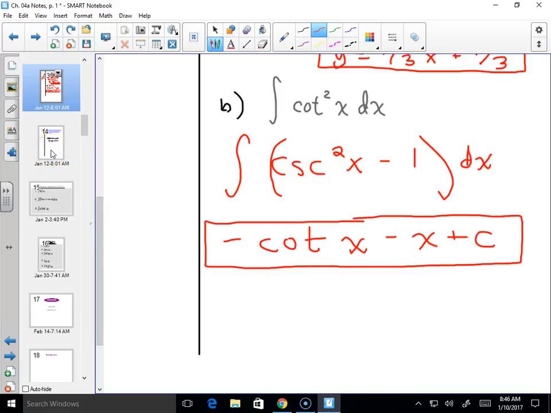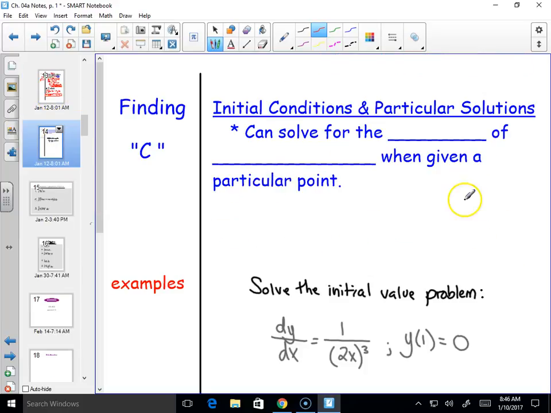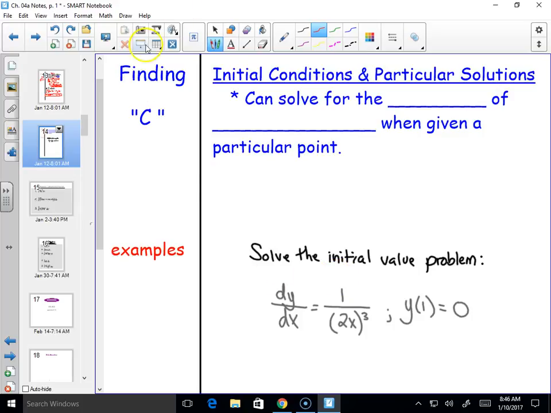All right. Ready? Last page of notes. And this one's quick. Basically, it's just saying how or when can we find C? We can only find the specific value of C. So remember, otherwise C is arbitrary.